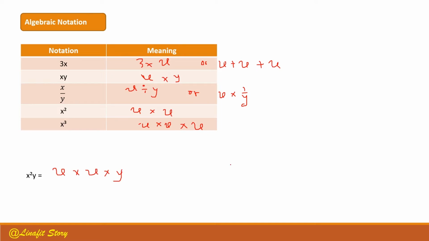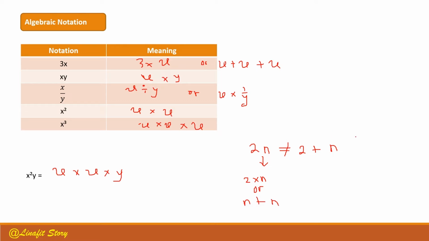And don't forget, if the notation is 2n, 2n is not equal to 2 plus n. Why? Because 2n means 2 times n, or n plus n.